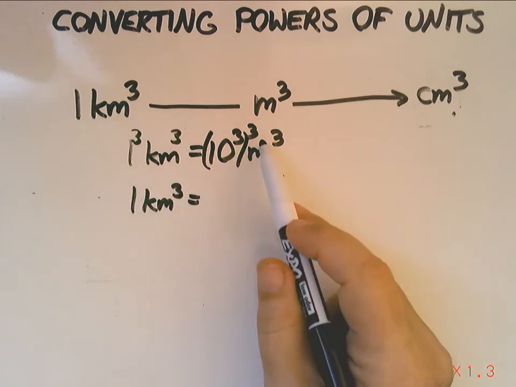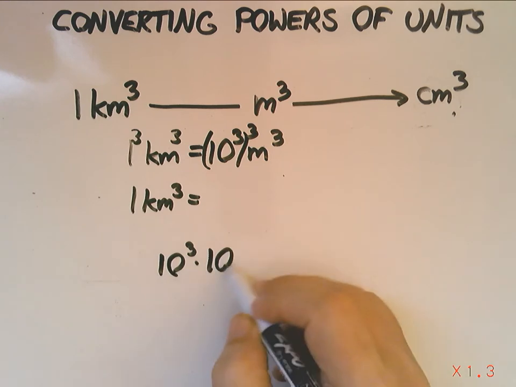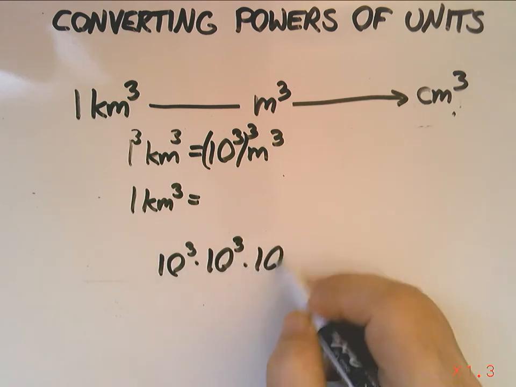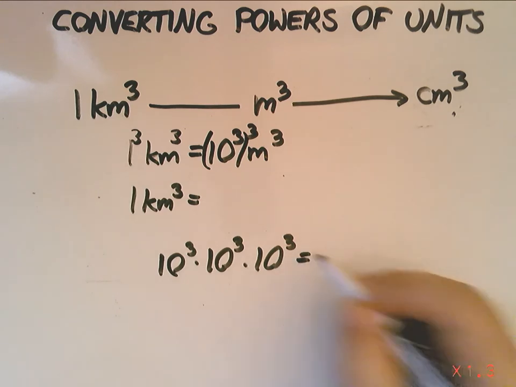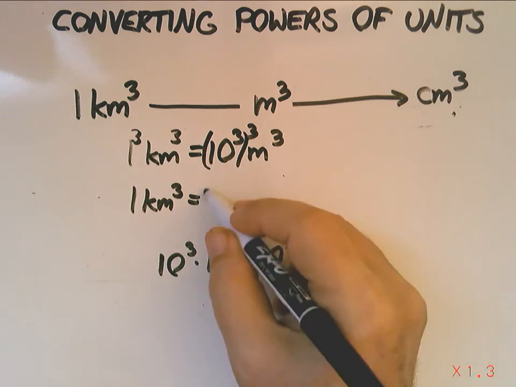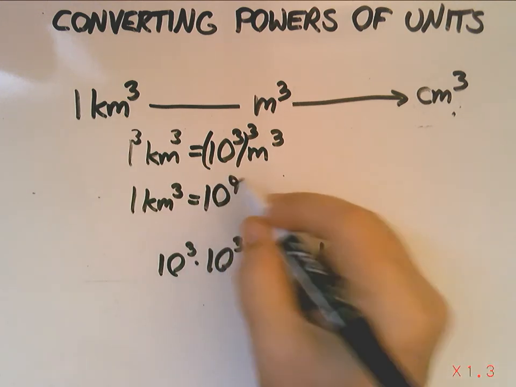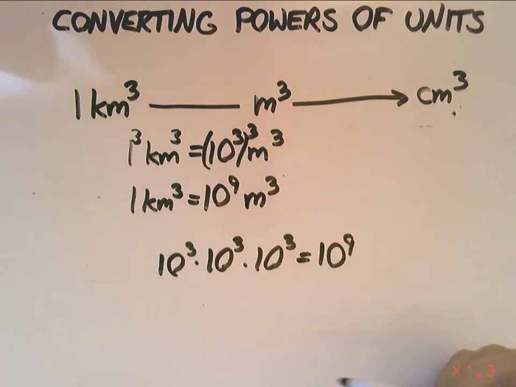And 10 to the 3 cubed is going to be 10 to the 3 times 10 to the 3 times 10 to the 3. And when I'm multiplying powers of 10, all I've got to do is add up the exponents. So that'll be 10 to the 9. So there's my link for this one.